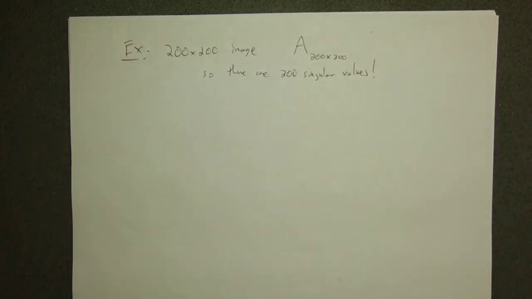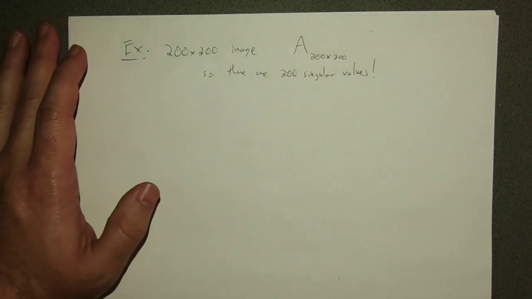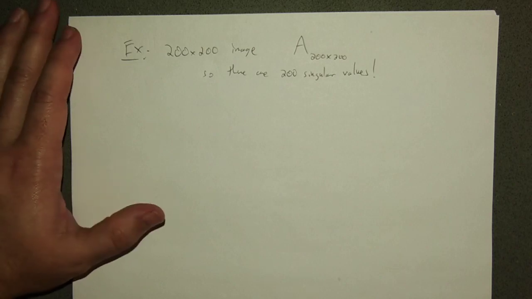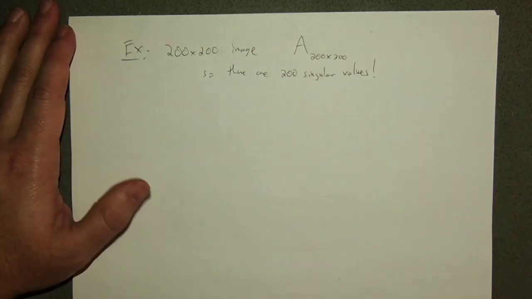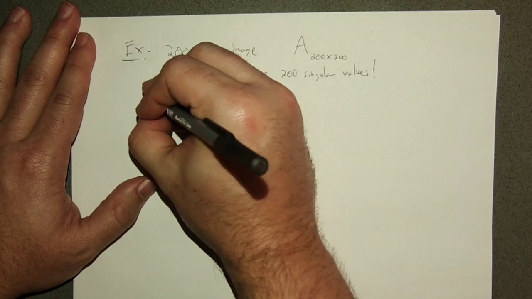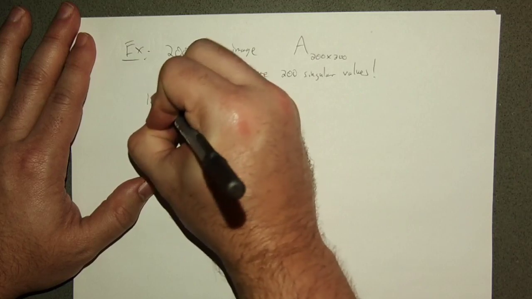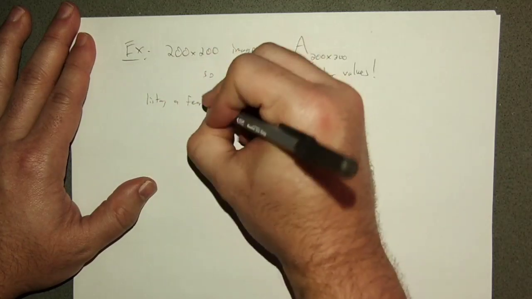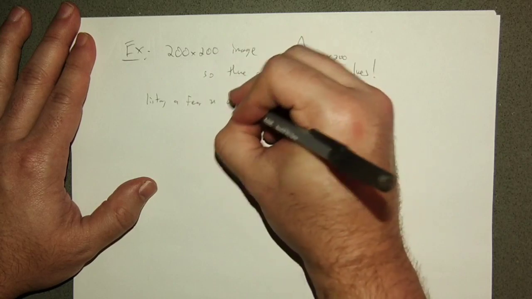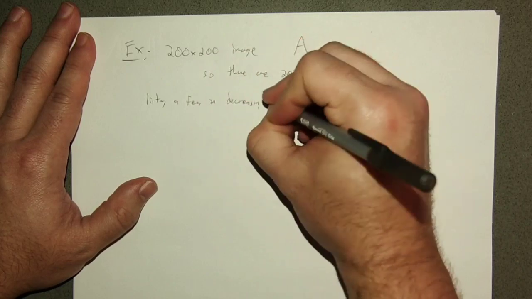Okay, not really amenable to doing this by hand, but of course MATLAB can handle this. So here's a few of them, listing a few in decreasing order as always.